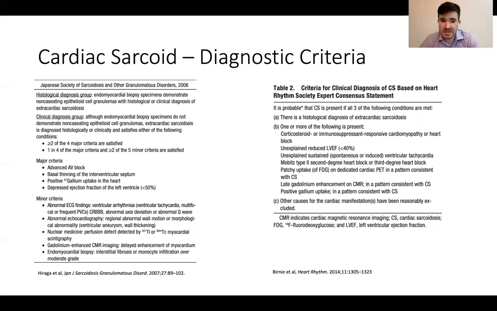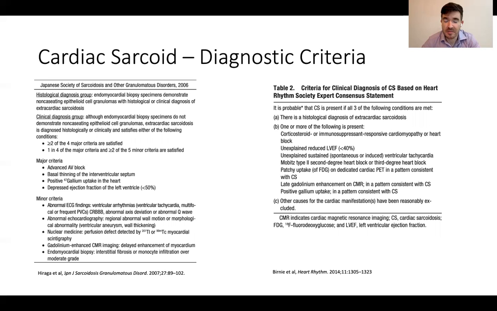There are some diagnostic criteria. There's no real consensus, but the two commonly used or suggested ones are the Japanese Society of Sarcoidosis from 2006, which really uses a distinction between histological diagnosis, where you have an endomyocardial biopsy, and a clinical diagnosis. Of note, there are some criticisms that it still keeps a gallium scan in the major criteria, while something like gadolinium enhanced imaging, CMR, is minor criteria, which is probably somewhat out of date.